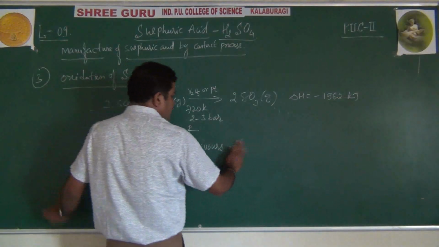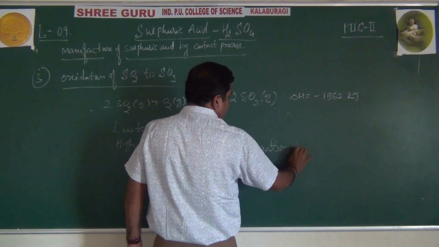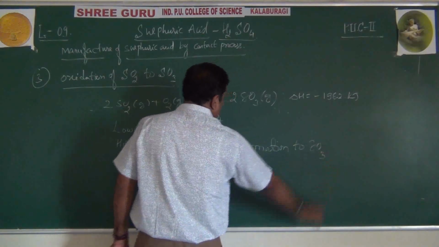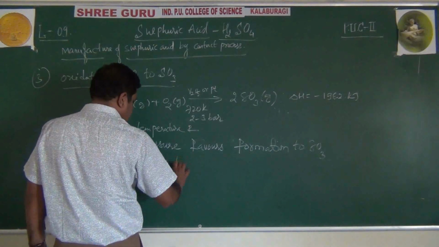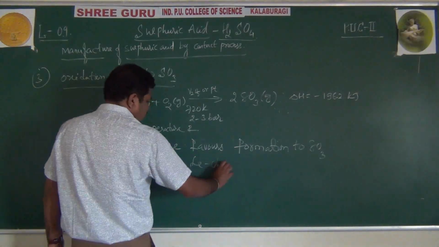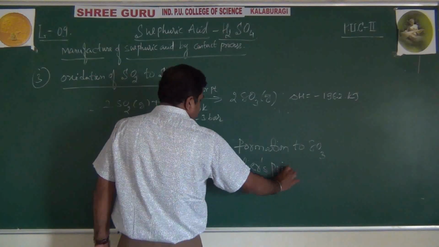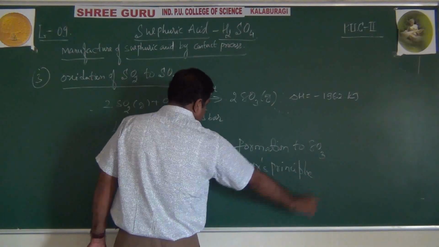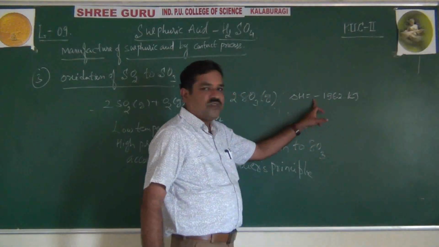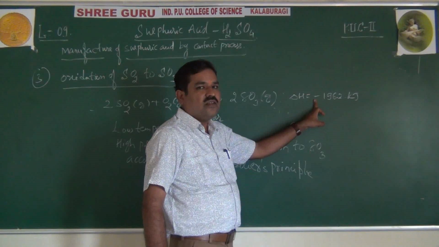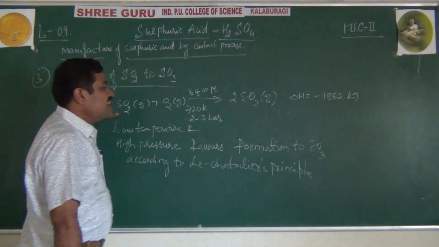Favors formation of, or oxidation of, SO2 to SO3 according to Le Chatelier's principle, which is explained in the reverse process. See, since the forward reaction is exothermic, accompanied with the liberation of heat, then the backward reaction should be endothermic, accompanied with the absorption of heat.